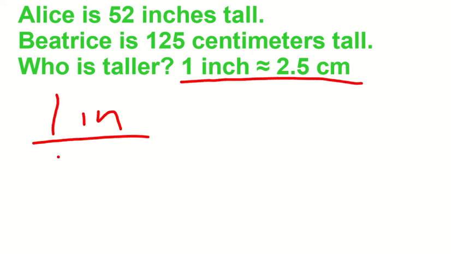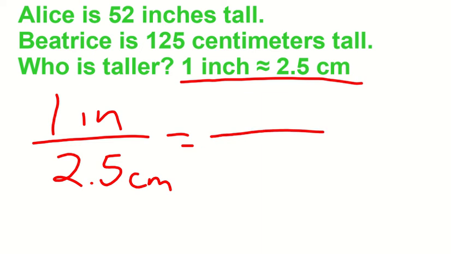So what we do is we're going to take this and make that half of a proportion. The other thing we'll do then is take one of those units, either the 52 inches or the 125 centimeters.